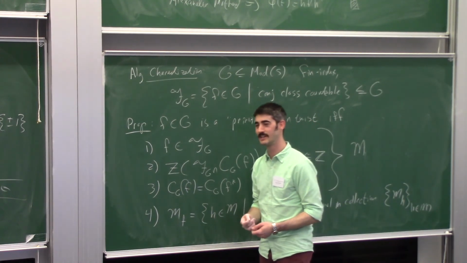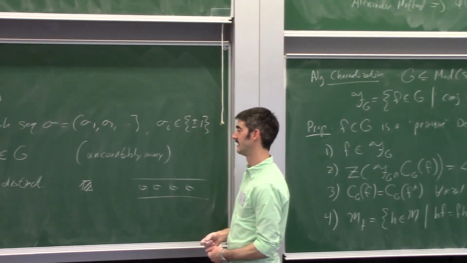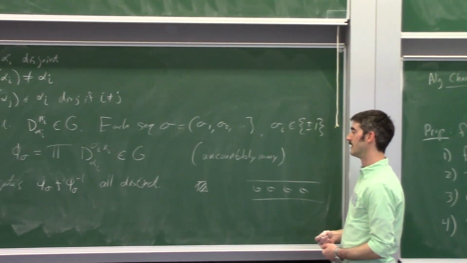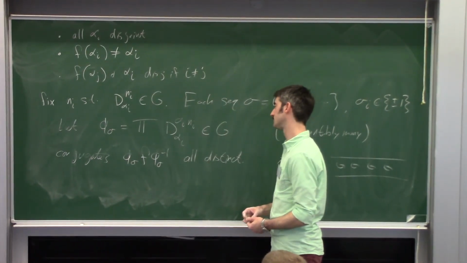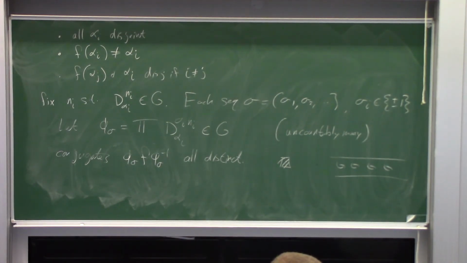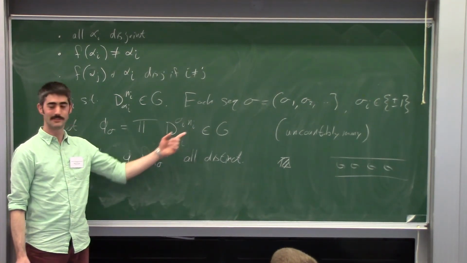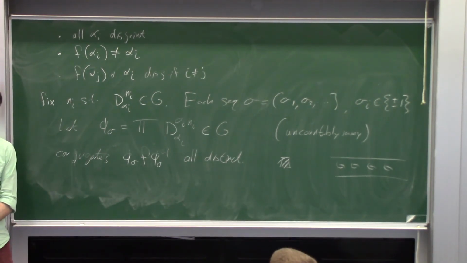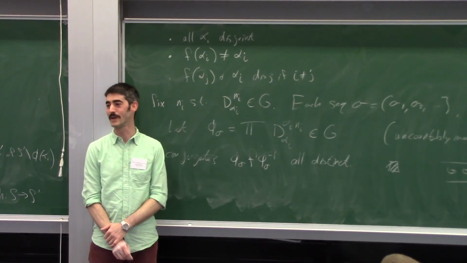In the middle column at the bottom, you've got an infinite product of things in G. How do you know that's in G? That's a good question. I could take the infinite product and just raise it to a power.